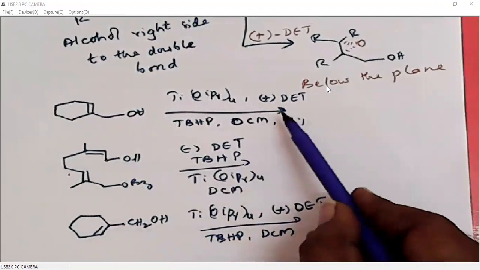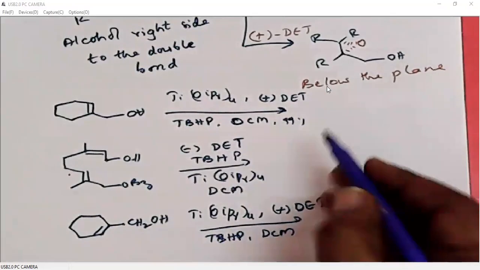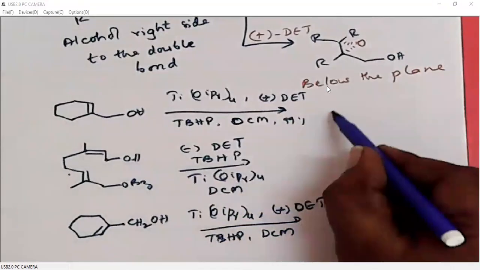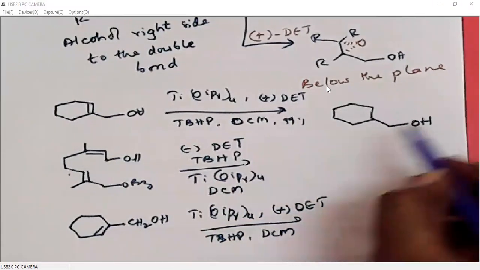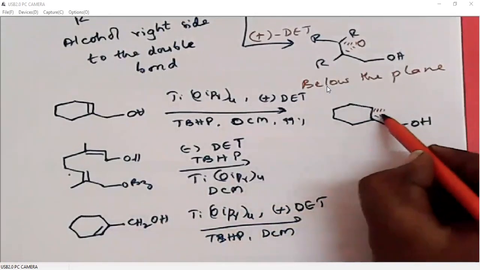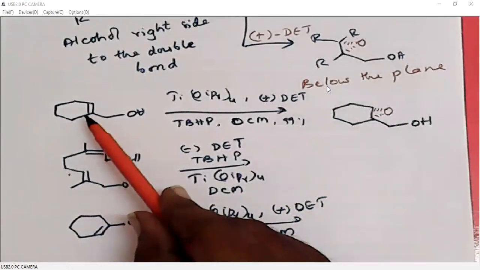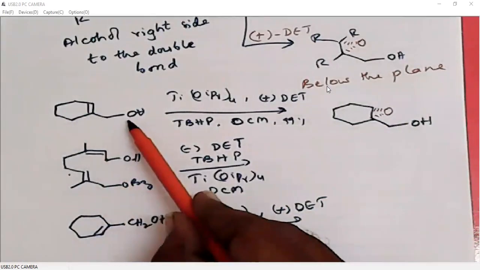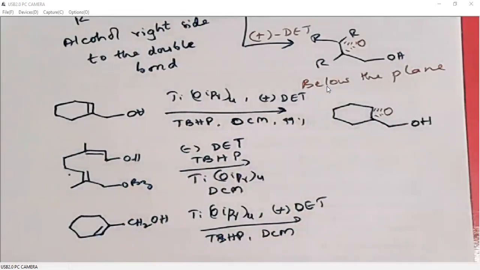So when we use plus DET, it will give the epoxide below the plane. So we don't look for anything. We can straight away write the product. The alkene is vertical, the alcohol is on the right side, we used plus DET, so the epoxide is below.